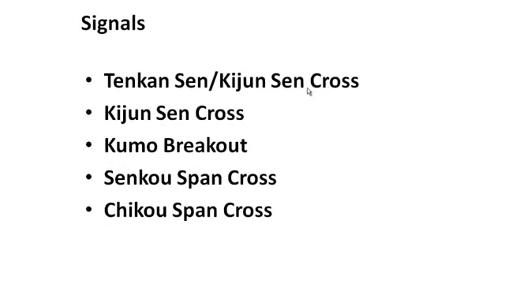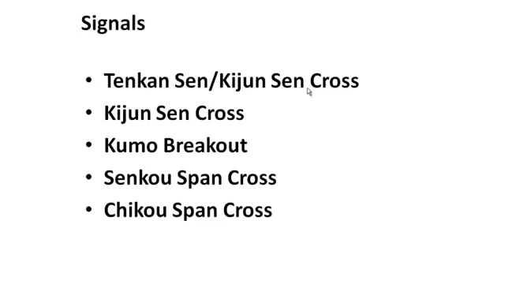The signals are the Tenkan-sen, Kijun-sen cross, I'll just say TK cross, which is where price actually passes through Kijun and closes above. The Kumo breakout, which is where price actually breaks above the Kumo and closes above. The Senkou span cross, which is also called the Kumo twist, which signals a change of trend, and usually I use that for a confirmation signal.